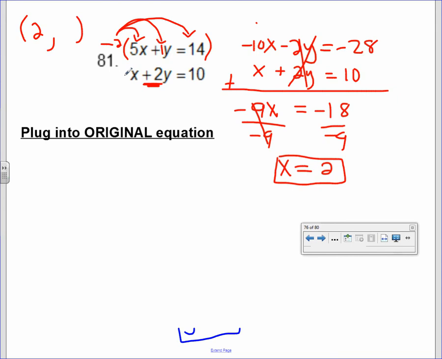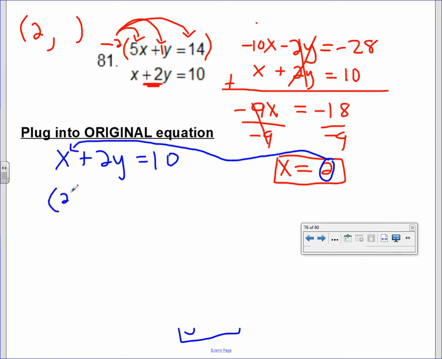I'm going to choose the bottom. So let me just rewrite it. x plus 2y equals 10. And I'm going to take my x value of 2 and just plug it in for x. And when we plug in, put it in parentheses, so we get 2, bring down everything else, plus 2y equals 10.